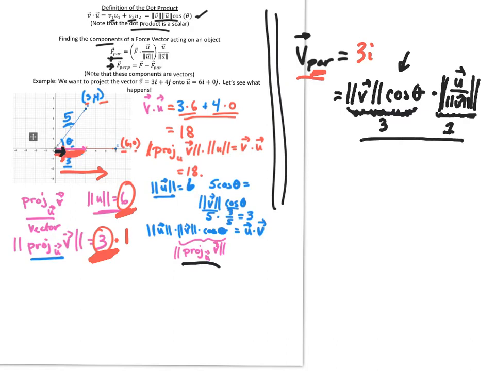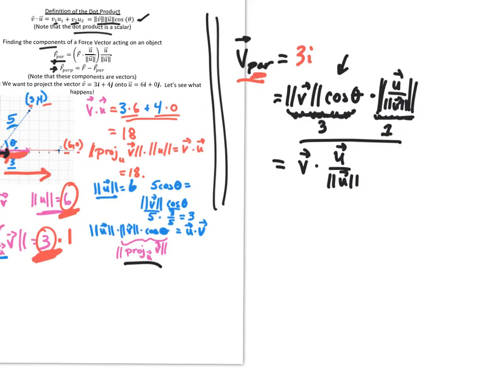If we look at this, this is just the dot product. So this is the same thing as v dotted with u that's been unitized. Now notice I'm missing one very key part to this.